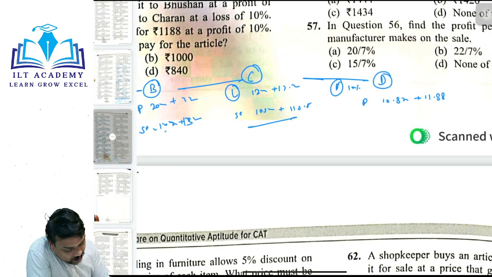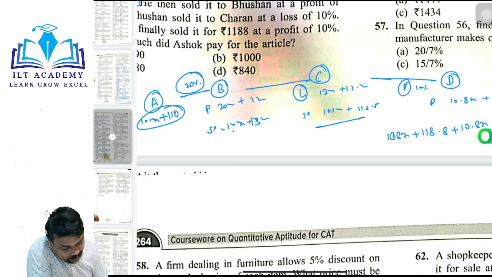1188. So here I can write it as 108x plus 118.8 plus 10.8x plus 11.88 is equal to 1188.